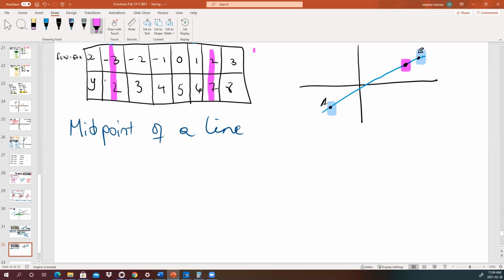Appreciating that? So the midpoint is not going to be the same for every point on the line, because the midpoint is defined by 2 points, and so the midpoint is going to be dependent on where those 2 points sit on the line, right?